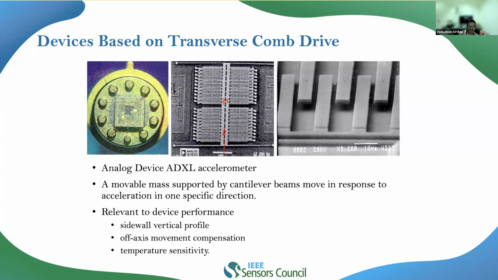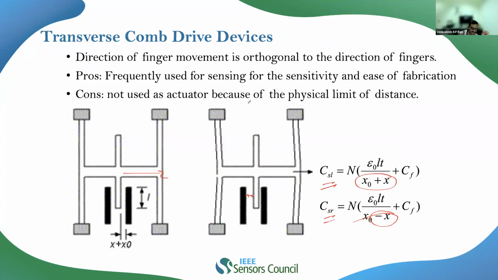The two fingers will undergo motion this way around, so there is a change in the air gap between the two, which is further sensed across the two fingers.